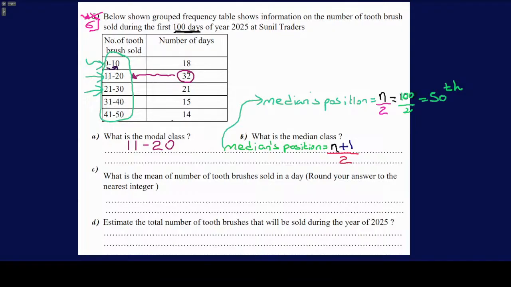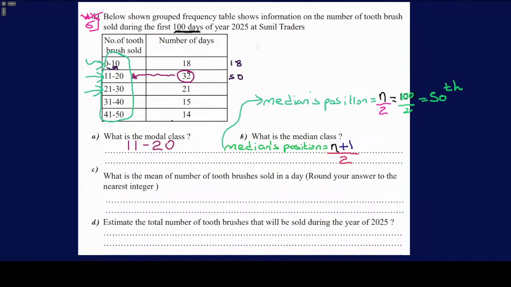Then 11 to 20. So the first 18 scores are in the first class. The second class goes till the 50th position. How do I know that? See, 18 and 32, when we add together, it's 50.